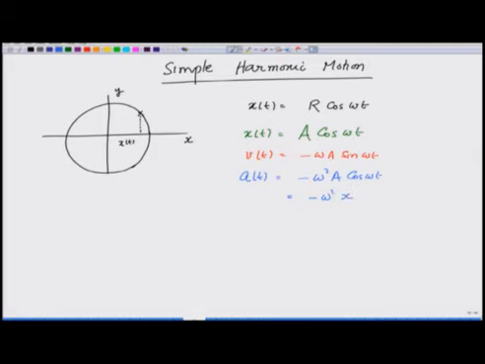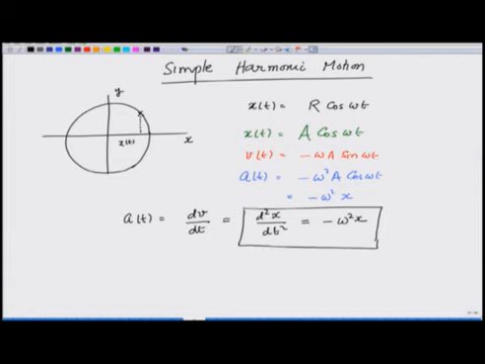So, as you know, acceleration a(t) is nothing but the derivative of velocity with respect to time, which is d2x/dt2, the second derivative of x with respect to time, and this for simple harmonic motion is given as minus omega square x. So, this is going to be our equation for simple harmonic motion.